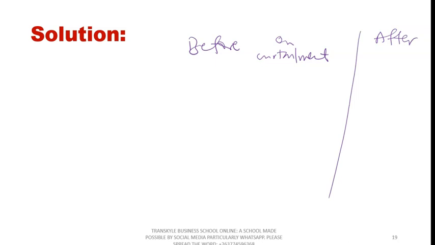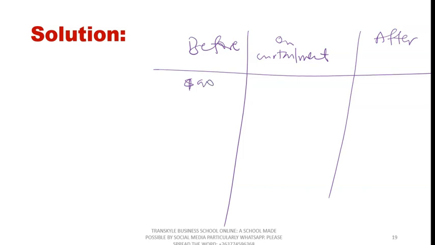We have the situation before curtailment, then on curtailment, and then after curtailment. These are the three situations we need to consider. Remember, our figures are in thousands.